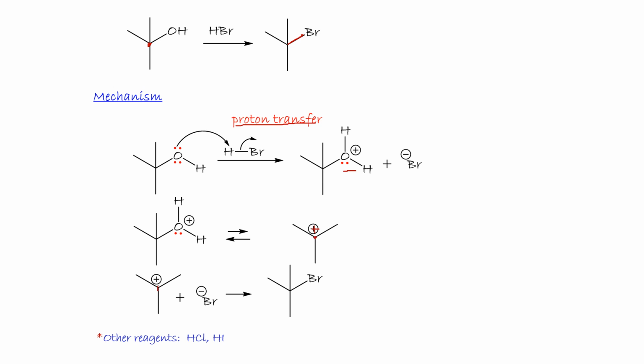Tertiary carbocation reacts with the Br minus to form the alkyl halide in SN1 mechanism. Again, HCl and HI can be used as reagent. And the reaction is SN1 mechanism.